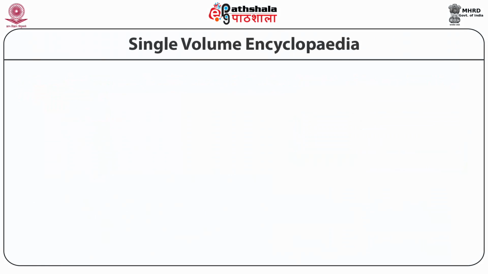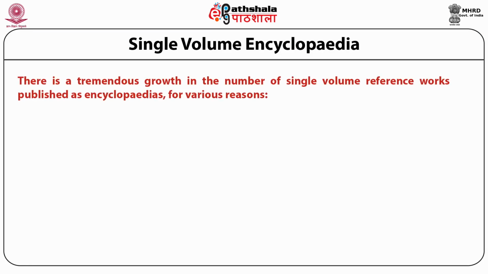Single volume encyclopedias. Due to growth in the number of subjects and increasing specialization, there is a tremendous growth in the number of single-volume reference works published as encyclopedias. This is due to various reasons. Firstly, growth in the number of subjects.